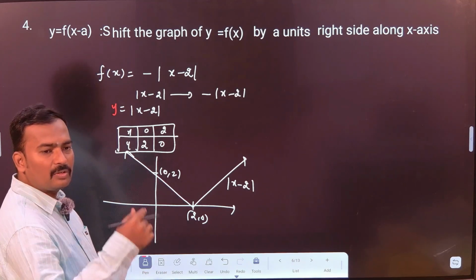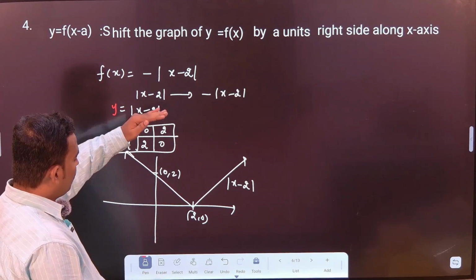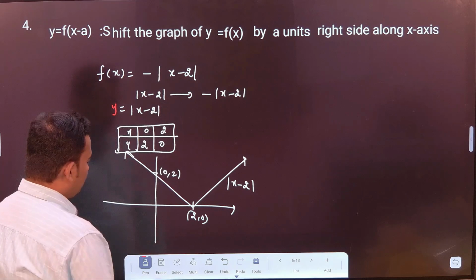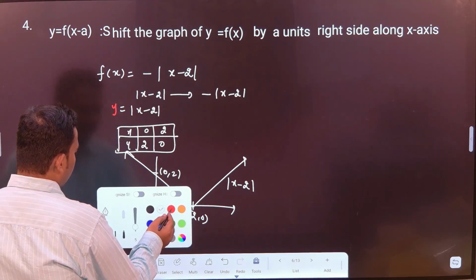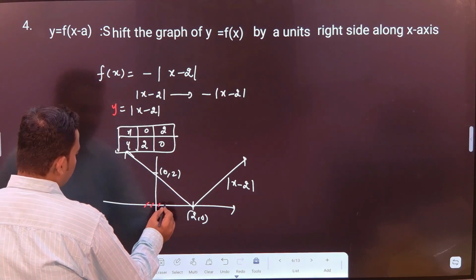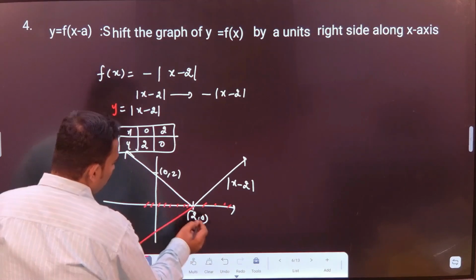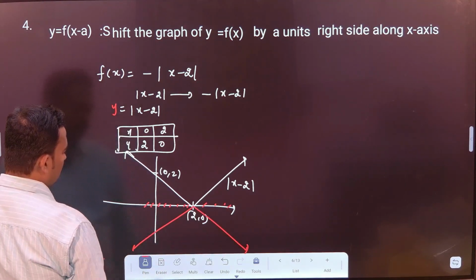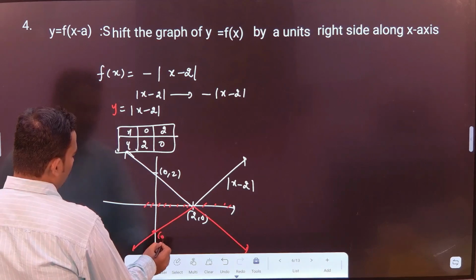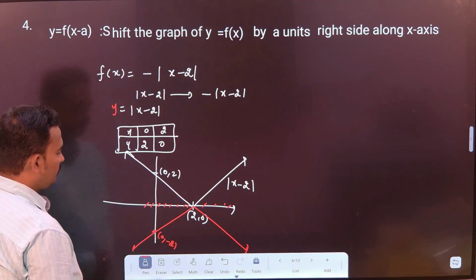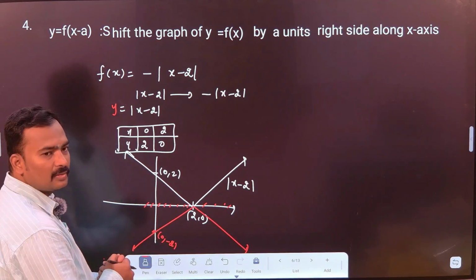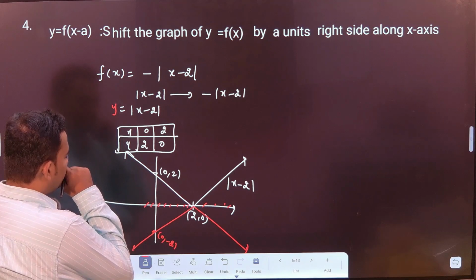That means you have to consider the x-axis as the mirror. Here, what is the x-axis? This is your mirror, right? This will be downwards. This portion will be downwards like this. This point will be 0 comma minus 2 here. Understand? Okay.